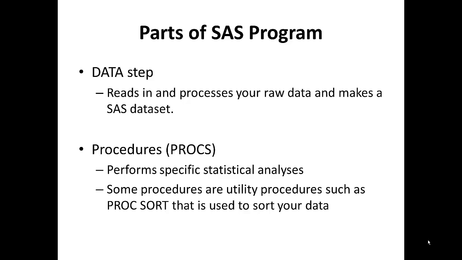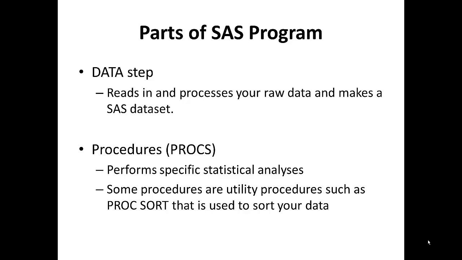In the data step, you can also create new variables based on the data read in. These new variables will be included on the data set. The second part of a SAS program contains statements that read your SAS data set and perform specific statistical analyses. These are called procedures or procs. Most procedures do a certain type of analyses.